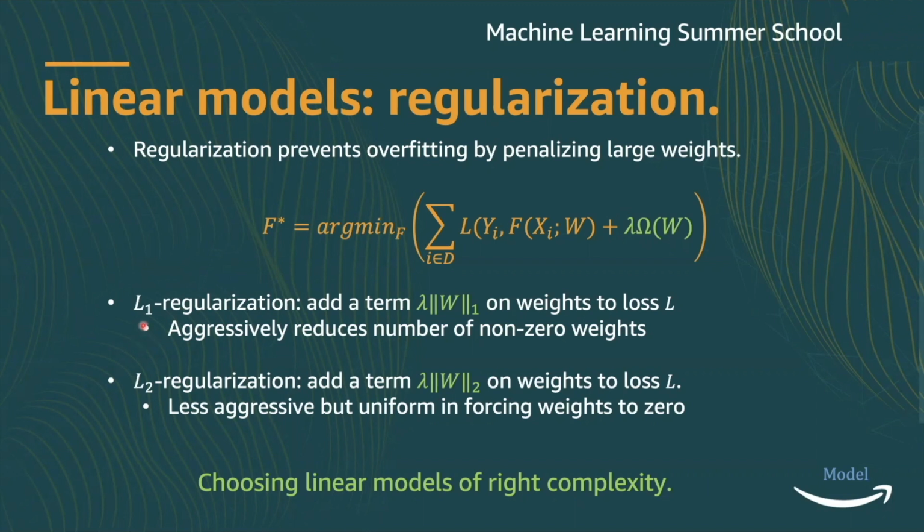Take as an example the L1 norm, which is simply the sum of absolute values in the vector. That's one kind of penalty that you could add. It gives you results very similar to the lasso algorithm.